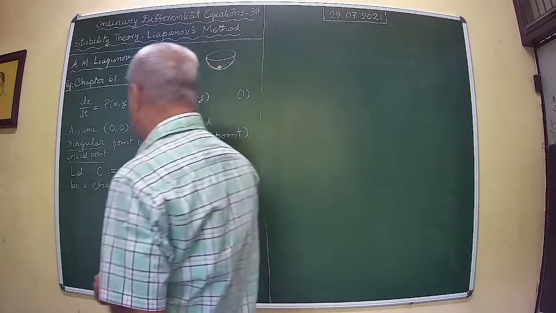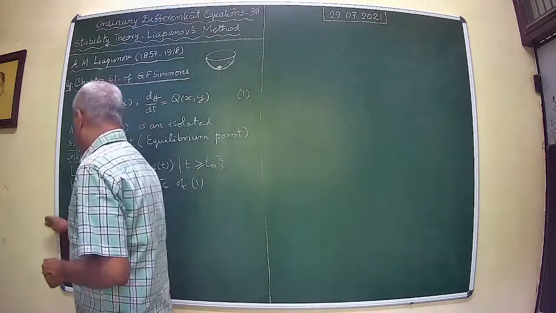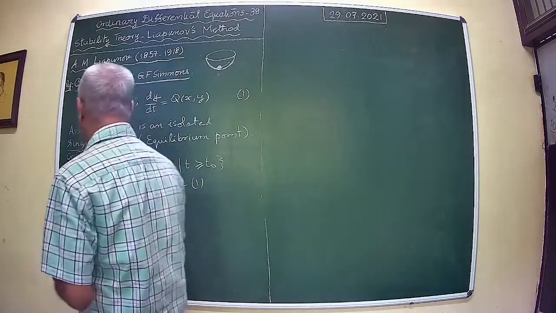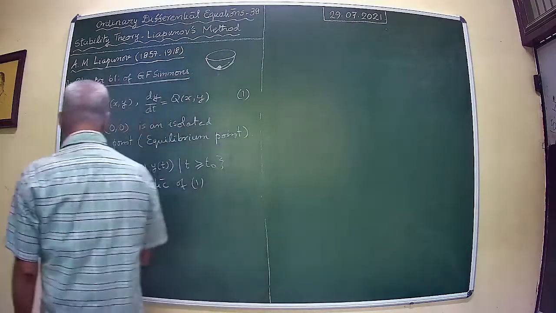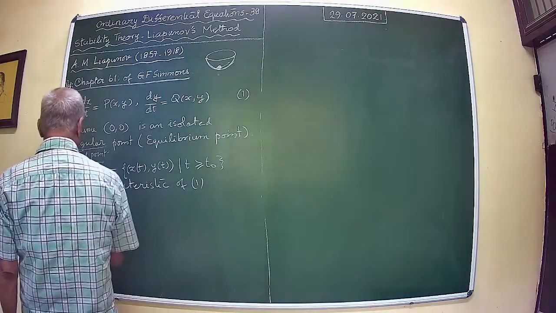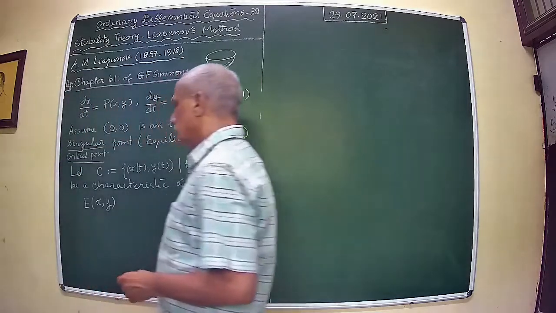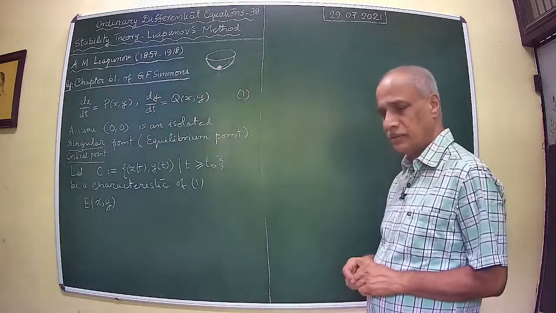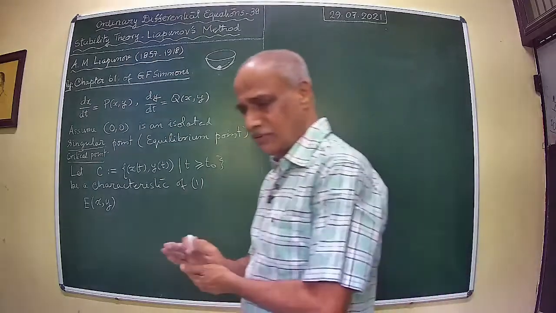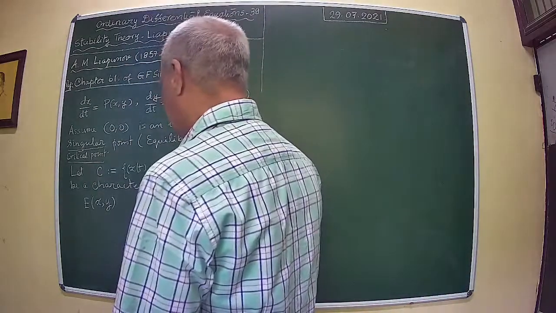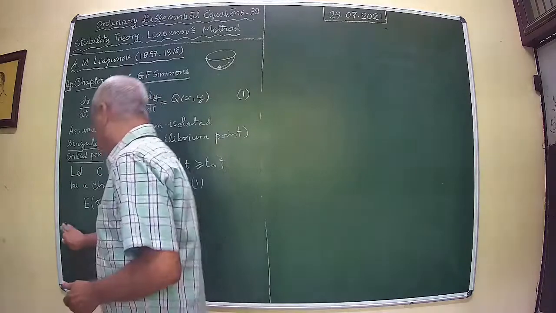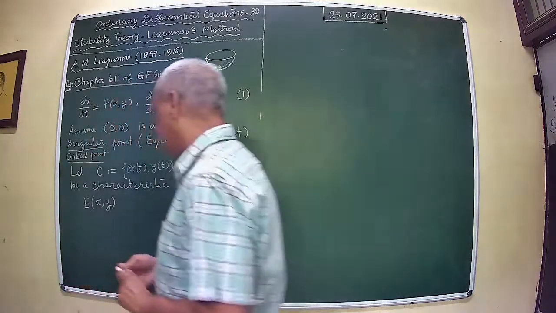Now the idea that Liapunov uses is this. He introduces what is called an energy function, E(x, y). Okay, we will make the properties of this particular function what we are looking for.